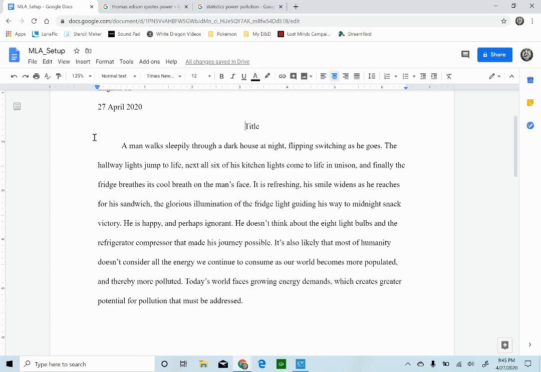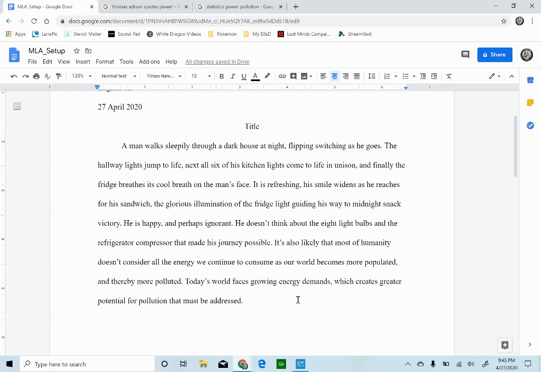He is happy, and perhaps ignorant. He doesn't think about the 8 light bulbs and the refrigerator compressor that made his journey possible. It's also likely that most of humanity doesn't consider all the energy we continue to consume as our world becomes more populated and thereby more polluted. Today's world faces growing energy demands, which creates greater potential for pollution that must be addressed.